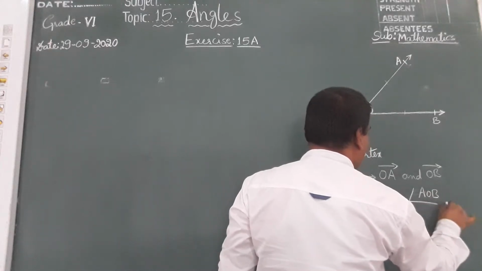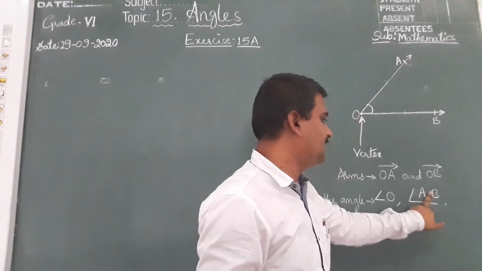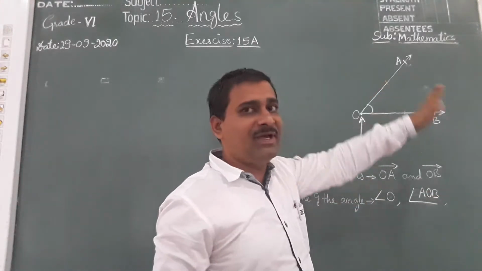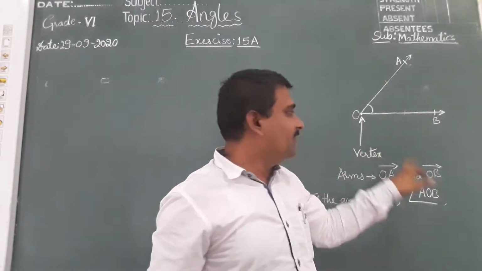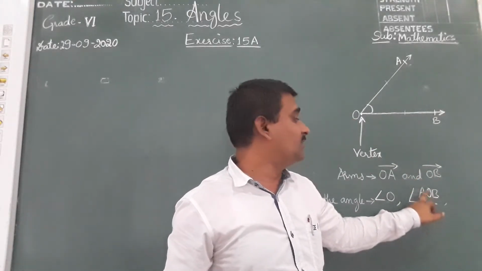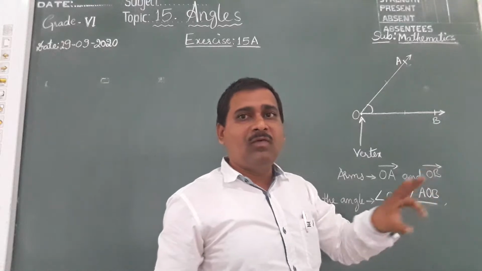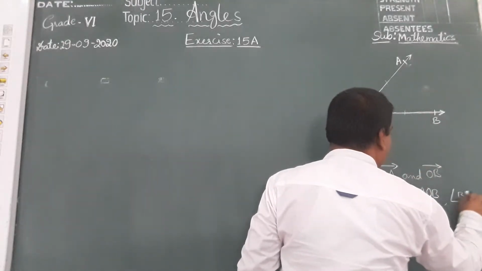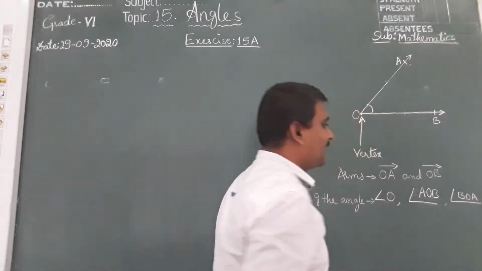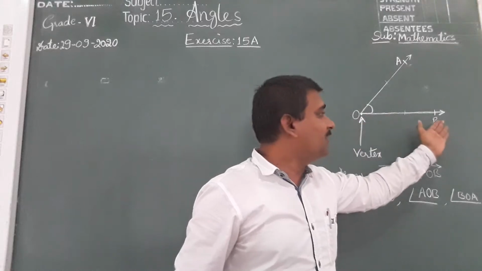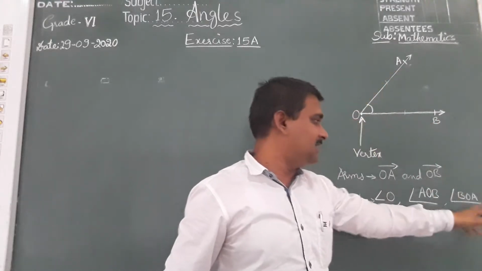AOB. O is at the center, see? Because O is the angle, A and B are not angles. Which is the angle, that we should write in the center. You write down AOB. One more way is what? You can write it as BOA. O is again in the center.